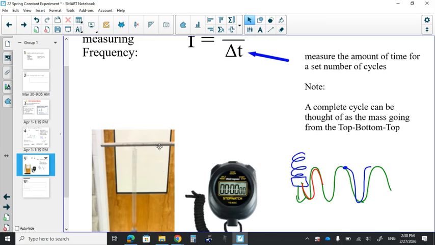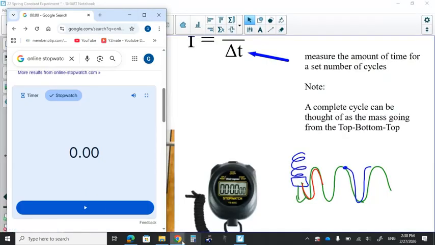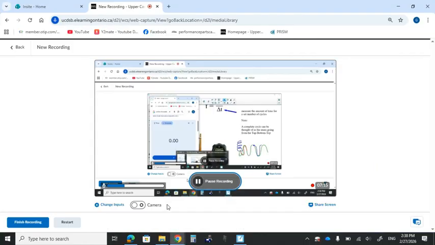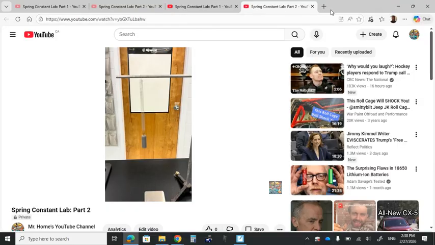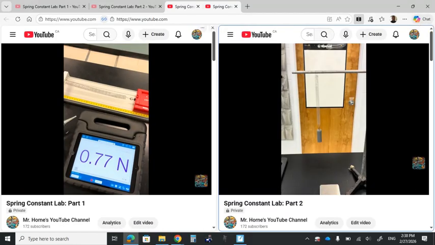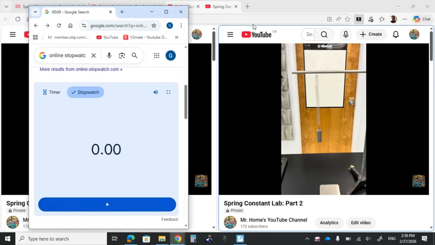All right, I'll help out here because I know it's something some of you might not have done. So we're going to have a stopwatch, and we're going to have the video going somewhere here. I want to have them both at the same time here. Oh my goodness, I had this all mapped out, but I'm messing myself up. Make this a little bit bigger.